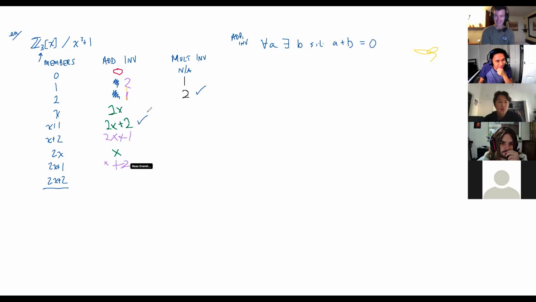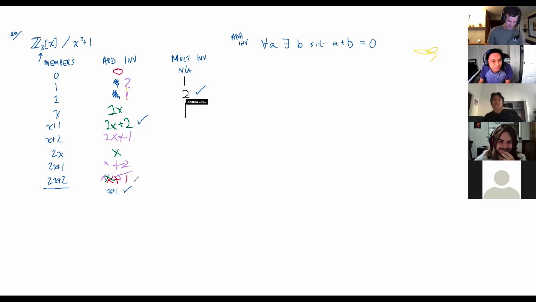Ross and Ethan are racing down the additive inverses. Anyone want to contribute to the multiplicatives? Yeah, let's call that x plus 1. So if you need table lines, let's do that.